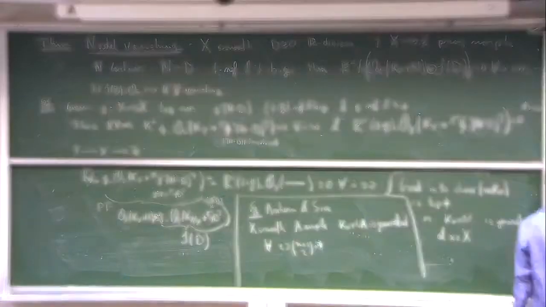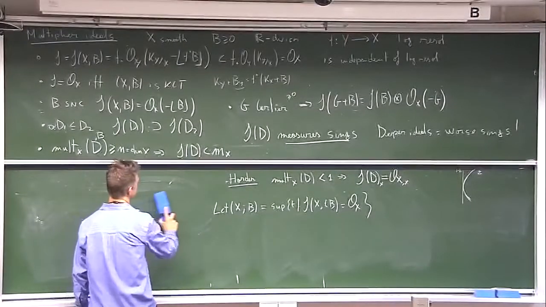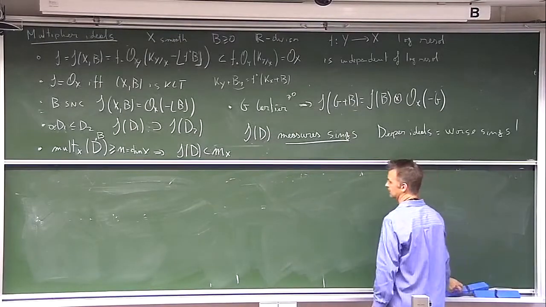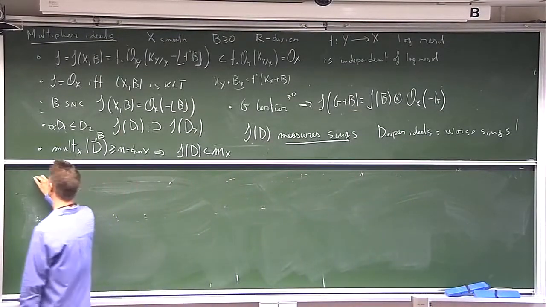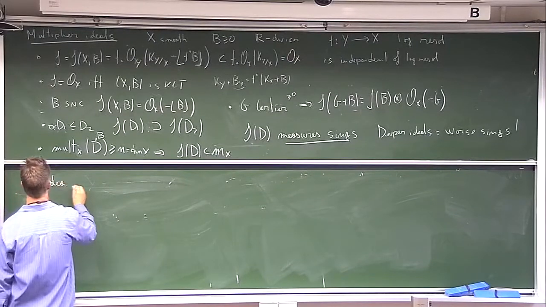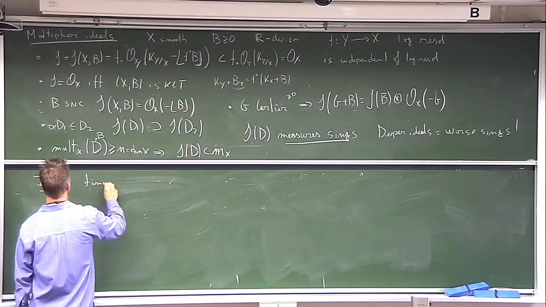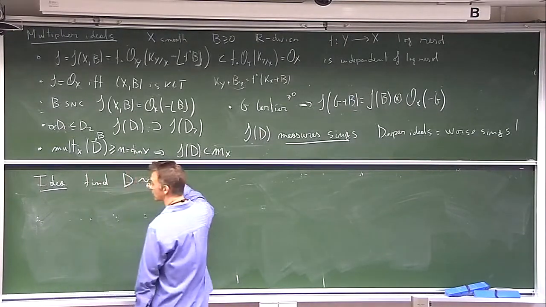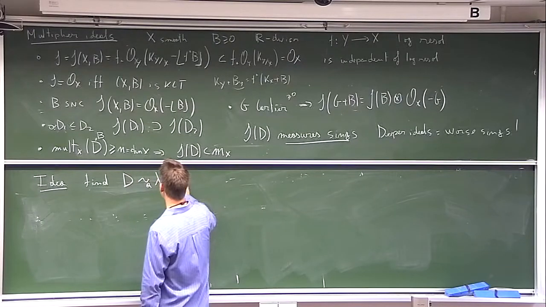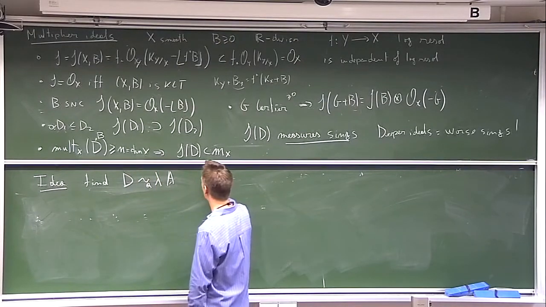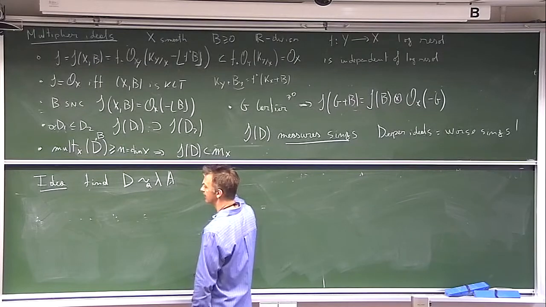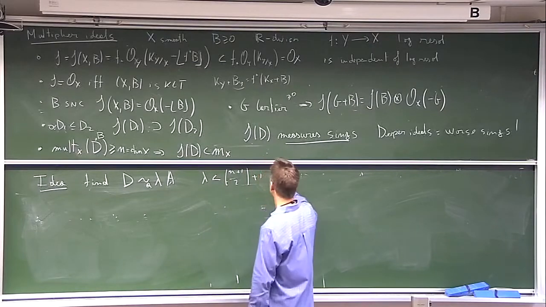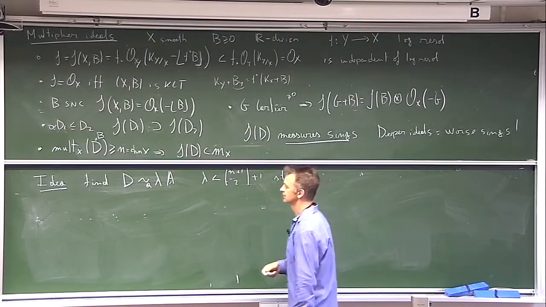This is literally what they do in the proof. The main idea: find a divisor D, which is Q-linearly equivalent to a multiple of A, where this multiple is less than (n+1)/2 plus 1, such that, okay, so I want to show it's base point free.